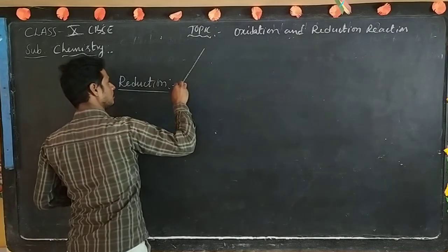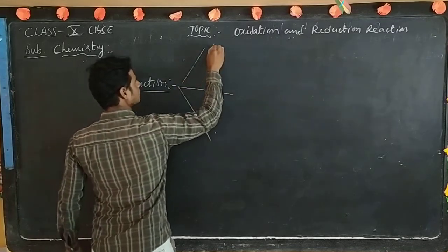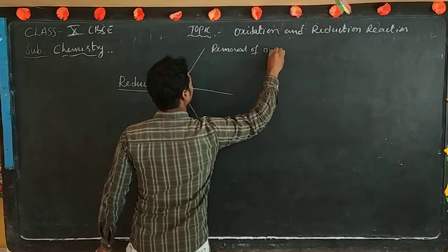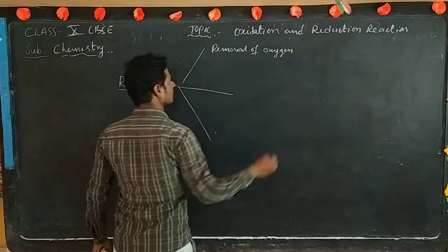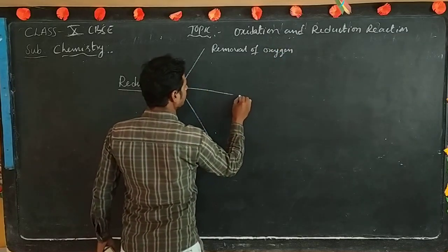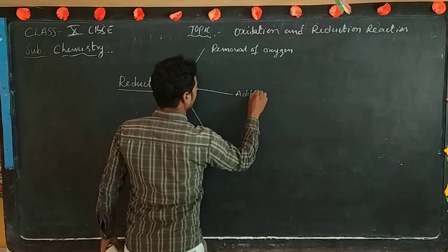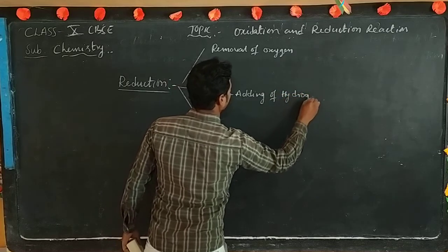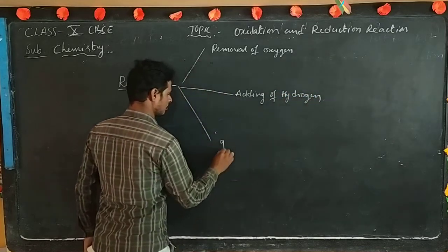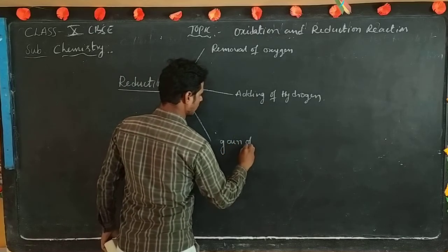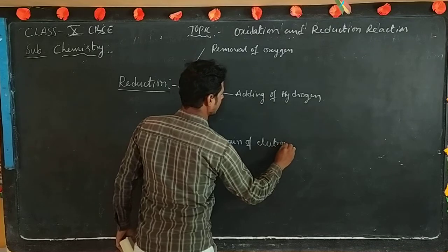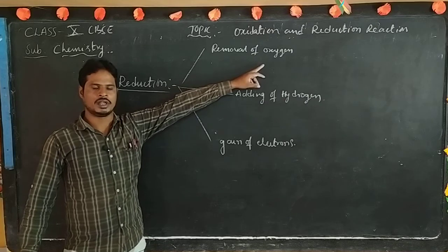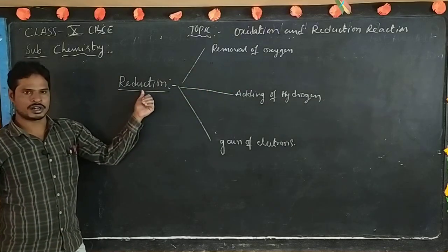Now observe. Removal of oxygen in a chemical reaction is called reduction.